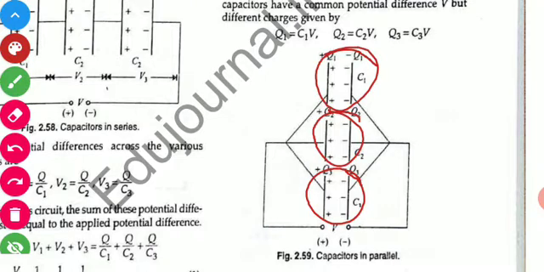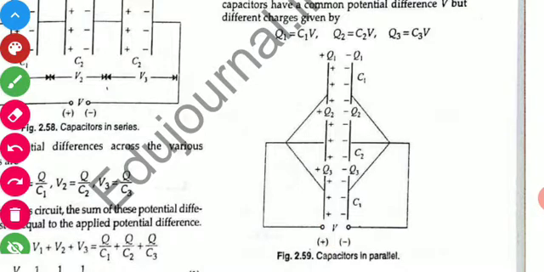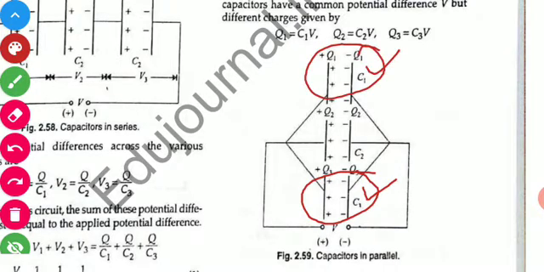Now, positive sides are joined here and negative sides are joined here, and the potential V is applied. This capacitor has capacitance C3, this capacitor has C1, this capacitor has C2.